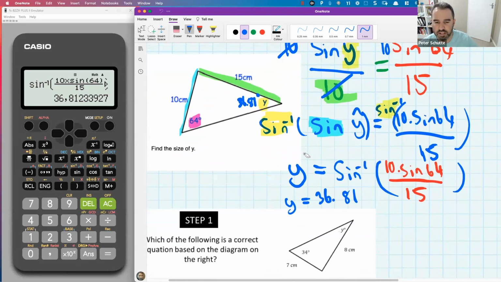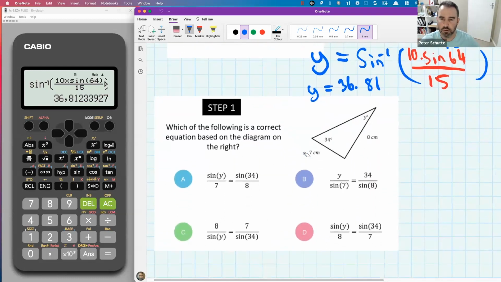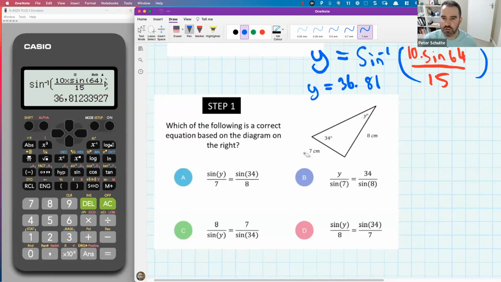Okay, before we do another full one, let's just do a couple of multiple choice questions, and then we'll get back to it. So, if you are trying to find the angle Y in this drawing, which of the four options here would be the correct way of setting it out?